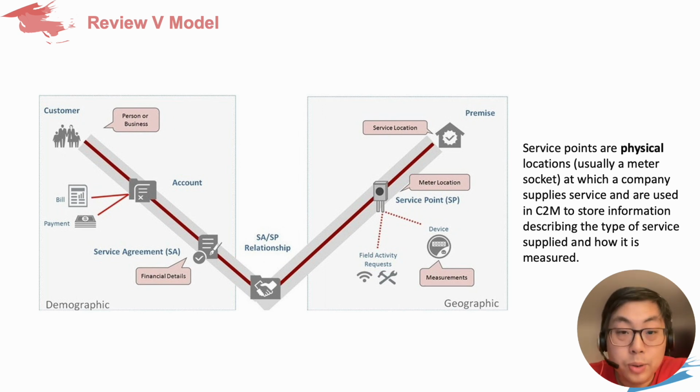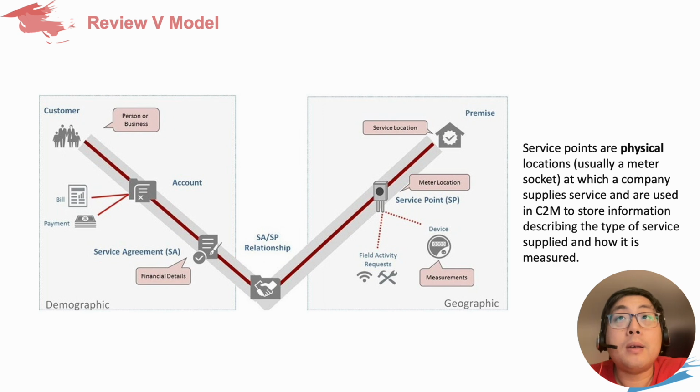That's actually not true, okay, because premise is a physical location, which is address, but service point is also a physical location, more around where the meter sits.